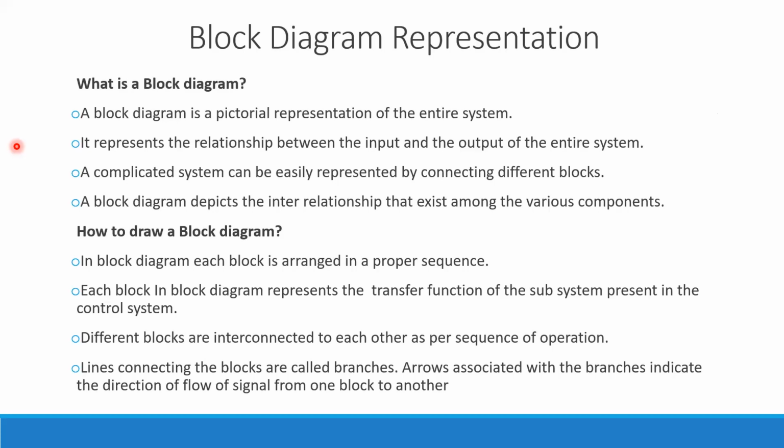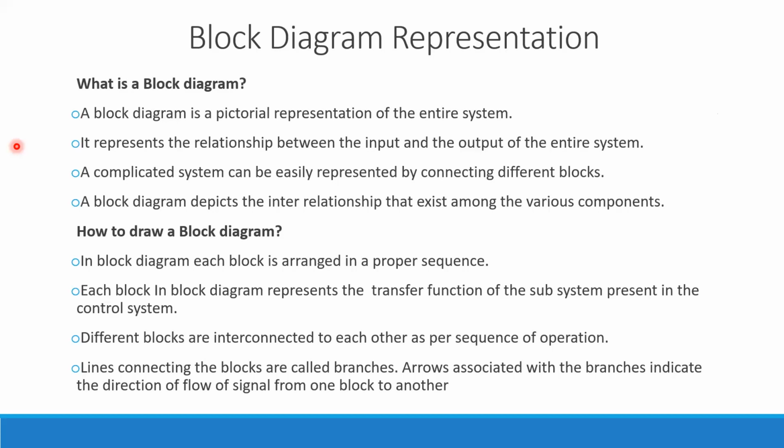Block diagram representation. What is a block diagram? Simply, a block diagram is a pictorial representation of the entire system. Suppose there is a complex physical system, and it is not possible for us to draw all the physical components of that system every time, because it is very complicated.